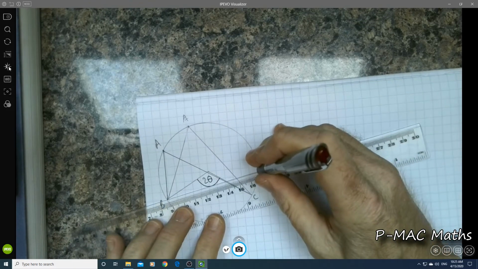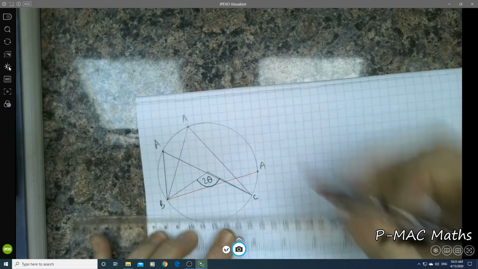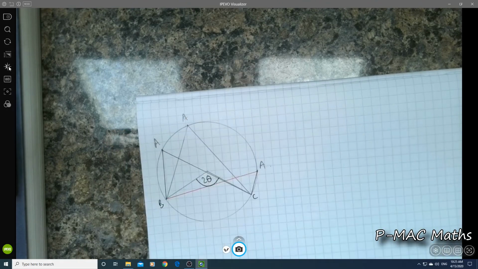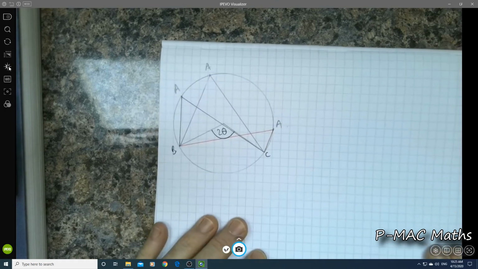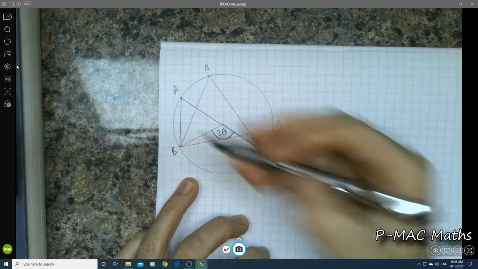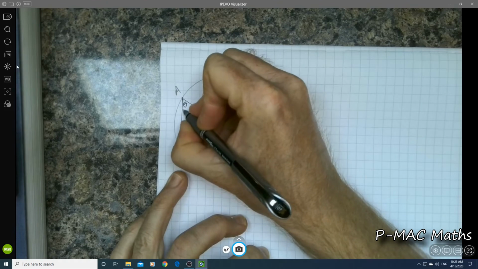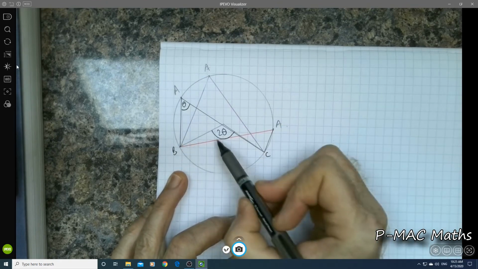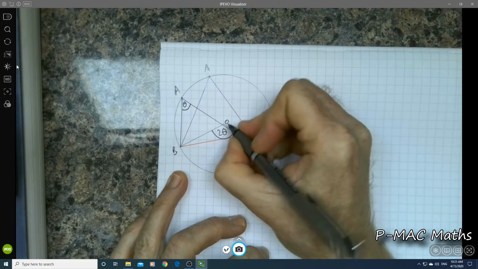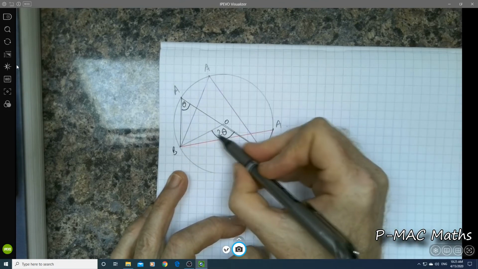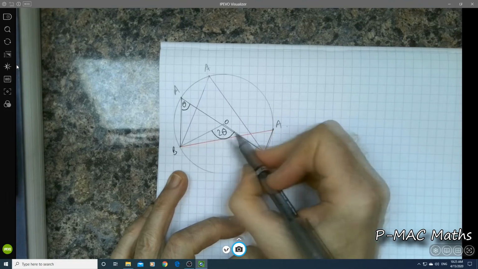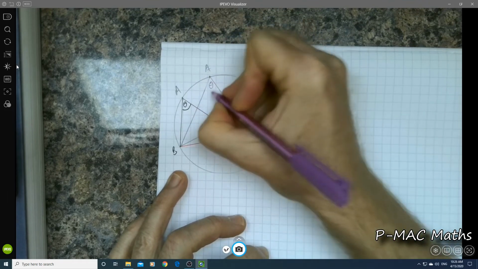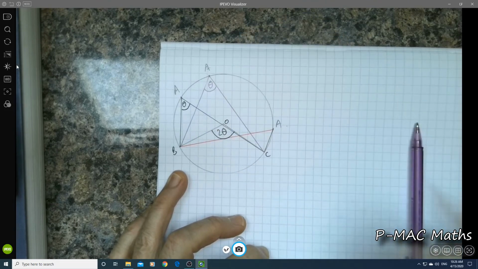Or I could label this one over here like this. And each of these angles still meets the criteria whereby the angle at the circumference must be half as big as the angle at the centre. So all of these angles here must be an angle theta.